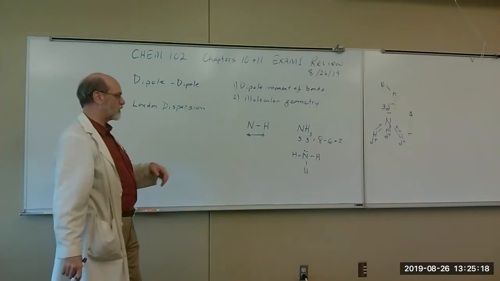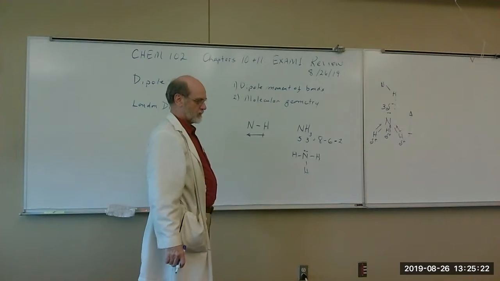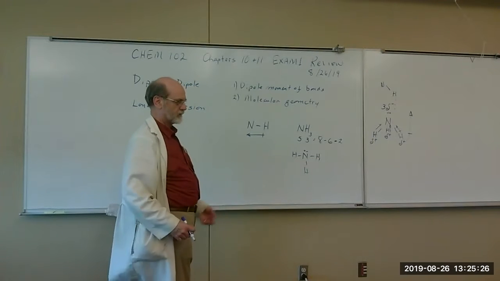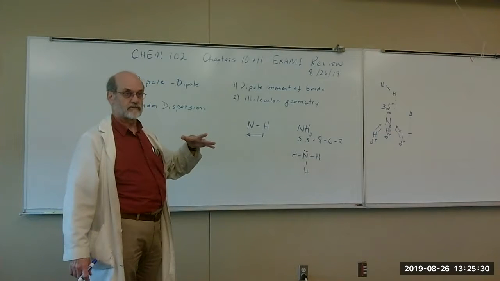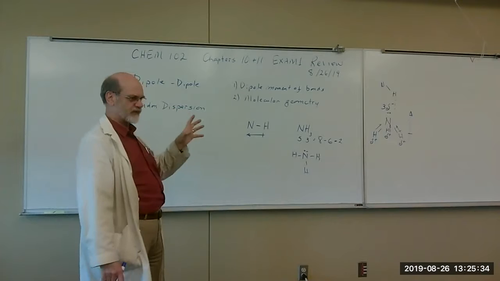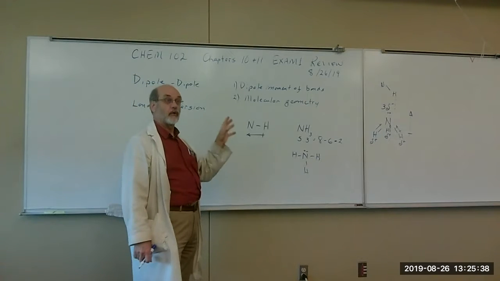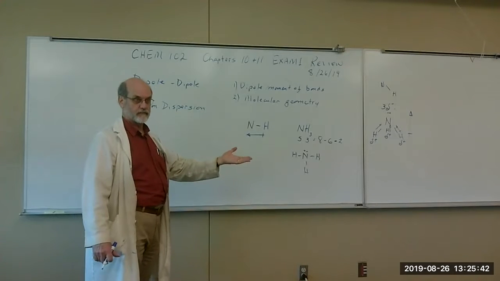Now, of course, if you put ammonia in an ionic solution or something, you'll get dipole-ion interactions. But here, we're trying to keep it simple. So we've only got one thing. It's not a mixture. It's just ammonia. So the dipole-dipole interaction is for our ammonia.